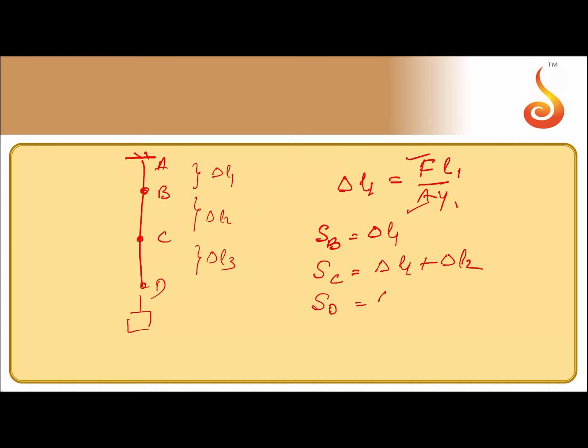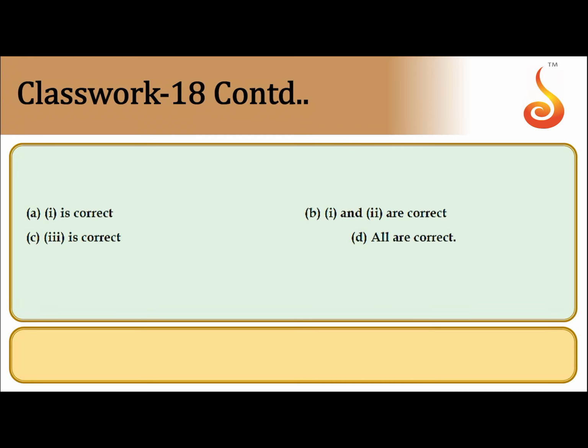Displacement of the point D is delta L1 plus delta L2 plus delta L3, where delta L2 and delta L3 are the elongations of the second and third wires respectively. So we notice that it's a pretty simple problem, and in fact all of them are correct. So all the options are correct. I want you to work it out in detail. Okay, simple problem that is.